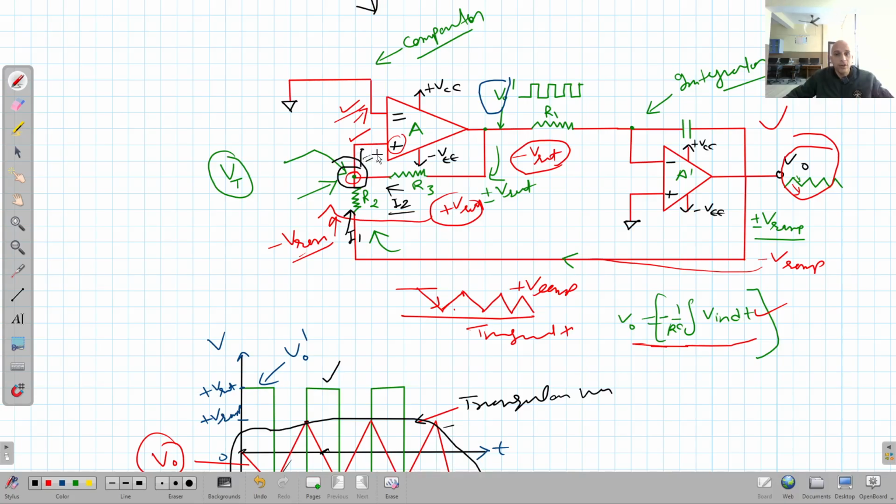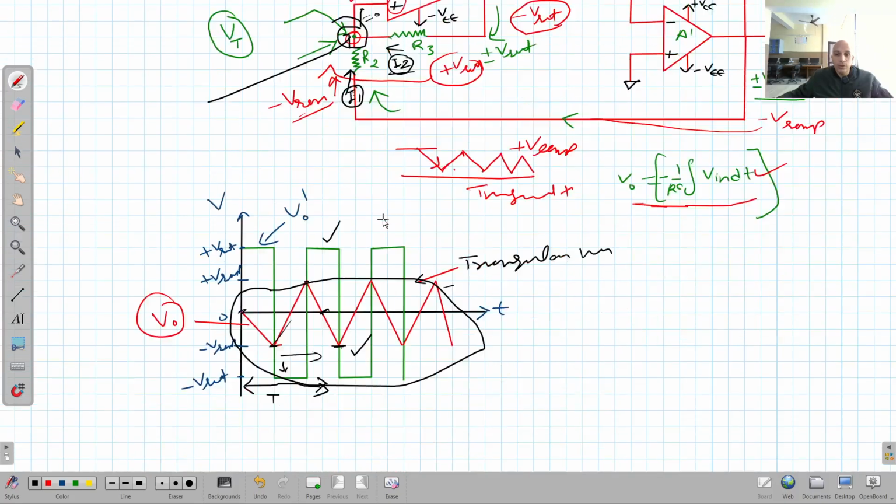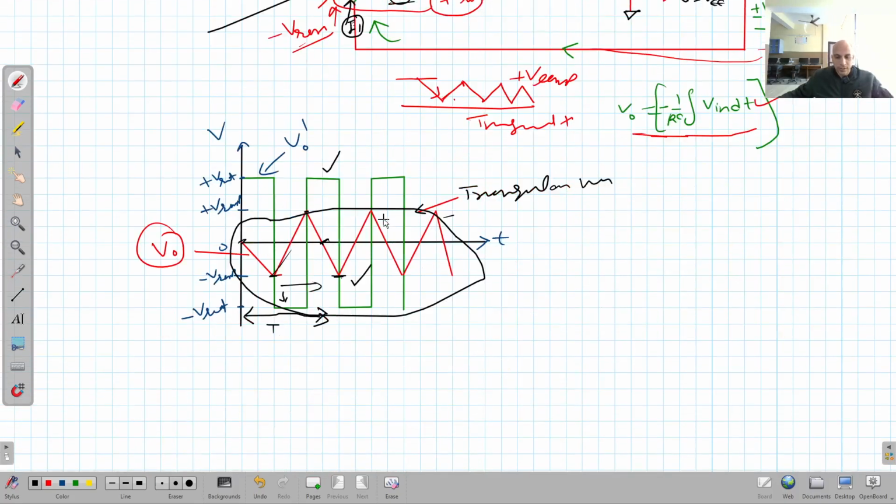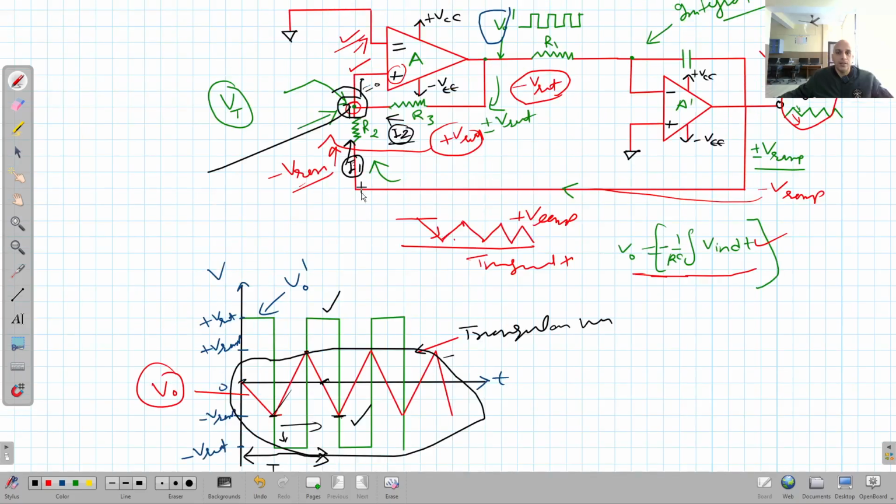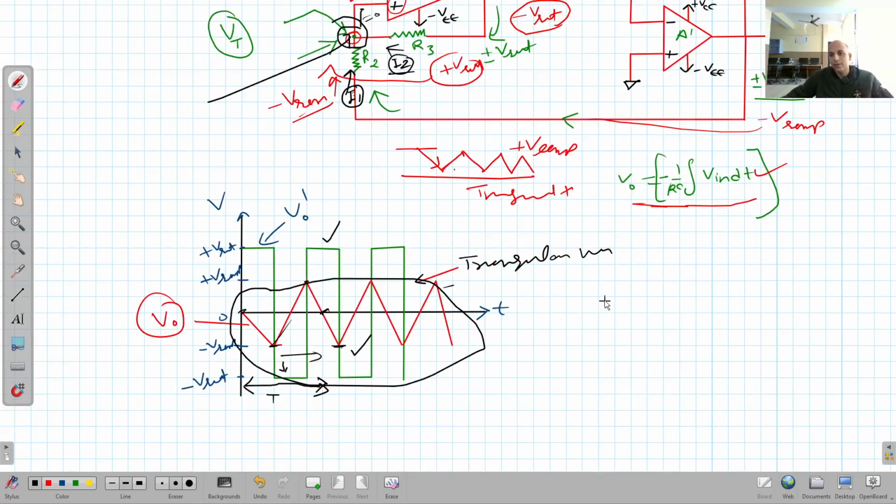We know this from the theory of op-amps. So this current should be exactly equal and opposite to this current. Only then it is possible, if I consider that the net current appearing at this terminal is equal to 0. So I can say I1 is equal to I2 in this circuit.